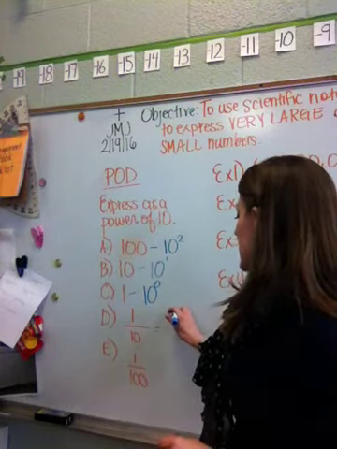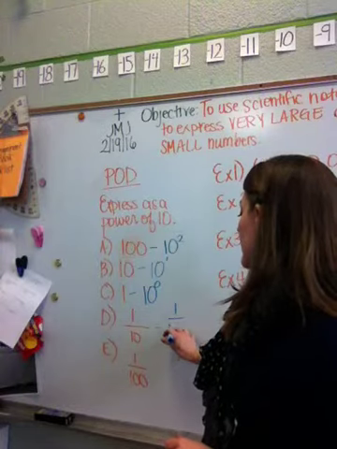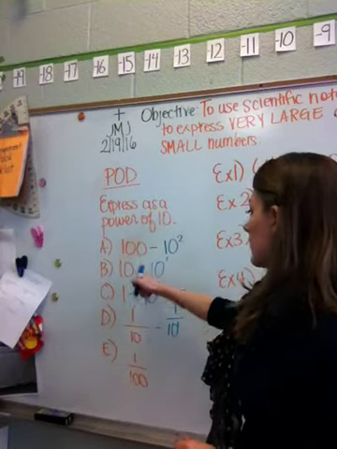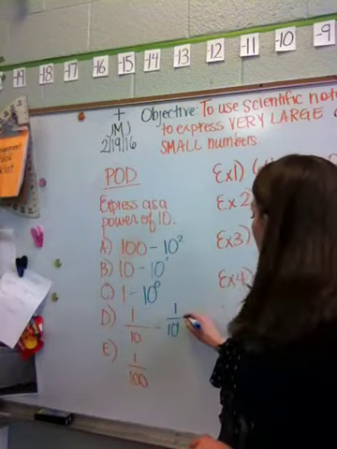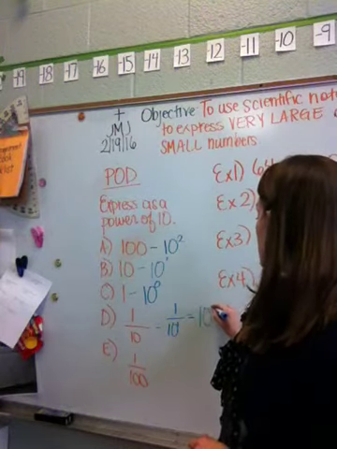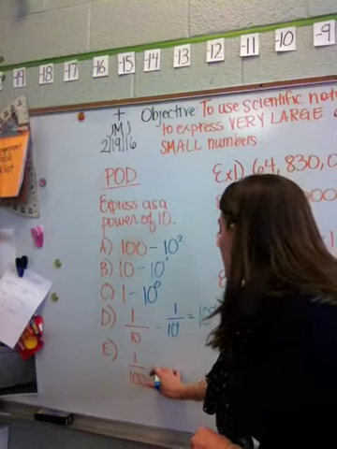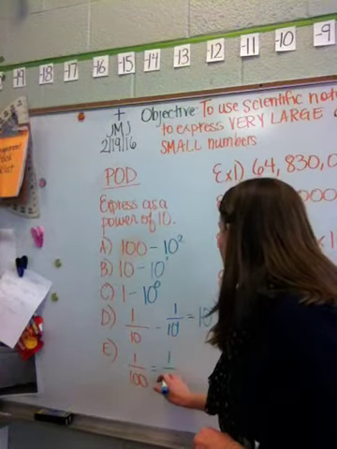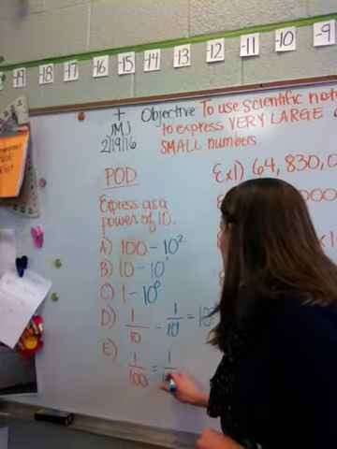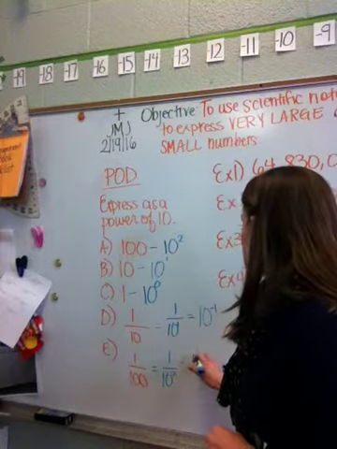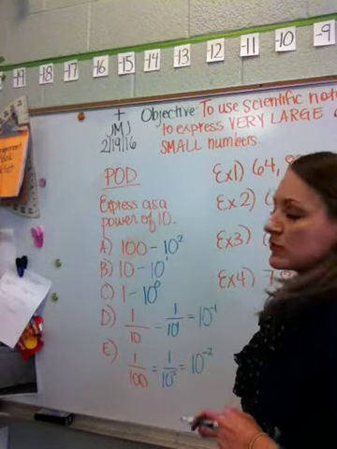So this is 1 over 10, just like up here, or 10 to the negative 1 power. And down here we have 1 over 10 squared, which is the same as saying 10 to the negative 2.